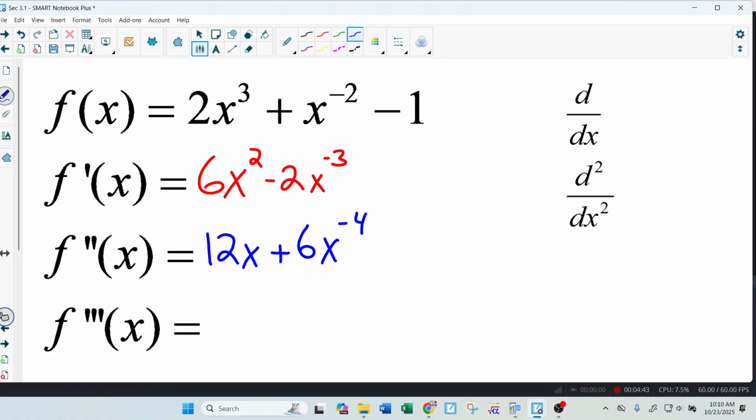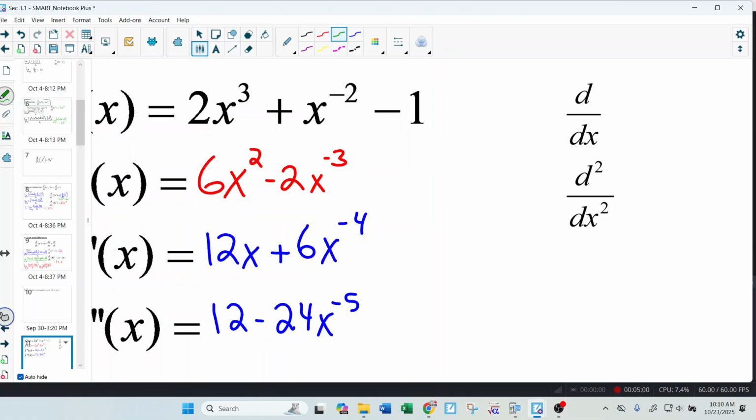The third derivative would just be 12 minus 24x to the negative 5. Okay. All right. I'm going to skip some of these next ones. We'll come back to them.